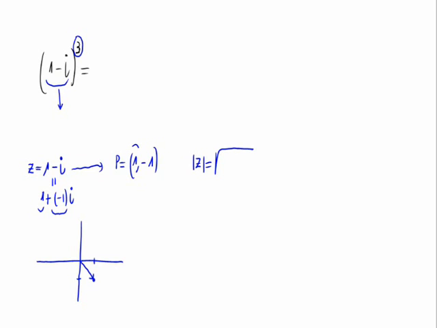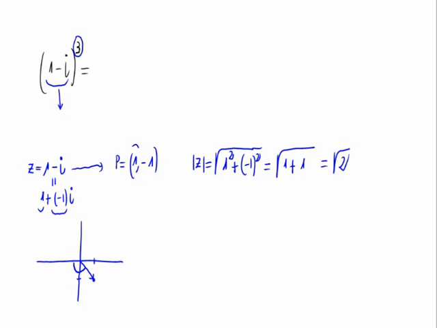It is just the square root of the coordinates squared, that is 1 squared plus minus 1 squared. This would be the same as the square root of 1 plus 1, the square root of 2. This would be the module.